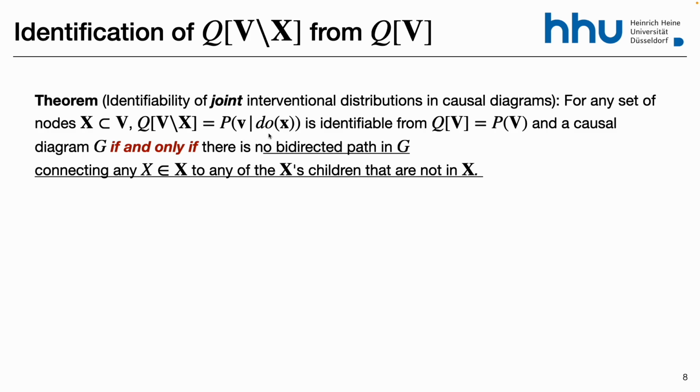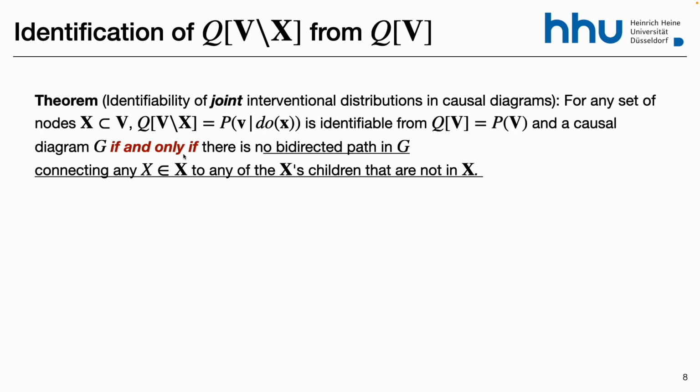And the identifiability of the joint distribution is different from the probability of Y given do of X, which is not the joint. But we have this theorem that guarantees identifiability of the joint by only checking this fact of the children being confounded.